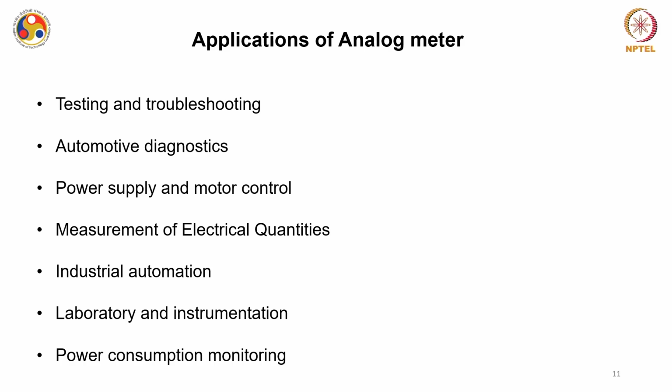They are required very much for industrial automation. Of course, in laboratory and instrumentation, they are definitely there, and they are also a day to day partner for us, because we all have energy meters installed at our houses. Mostly these are analog meters. They are also utilized for power consumption monitoring and so on.